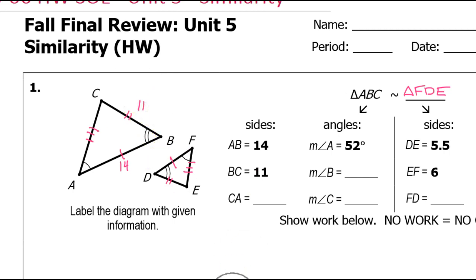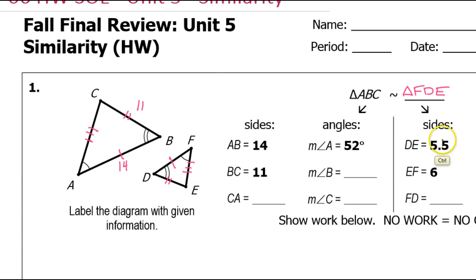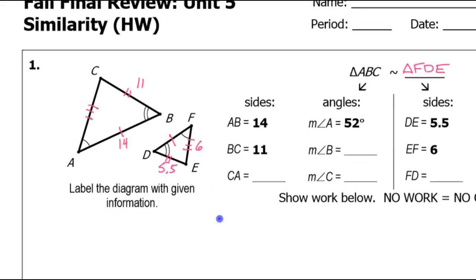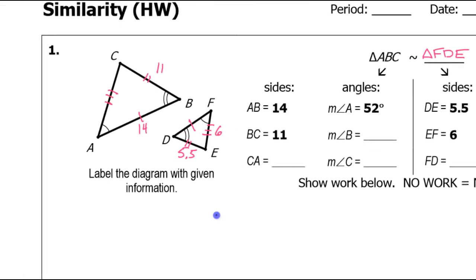Okay, now in the other triangle, we know that DE is 5.5, so this is 5.5, and we know that EF is 6, so here's EF, and that is 6. So let's use the fact that corresponding sides are proportional to find side CA. So I'm just going to put an X right here.